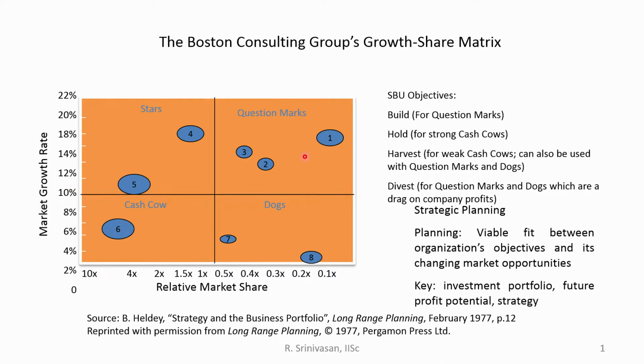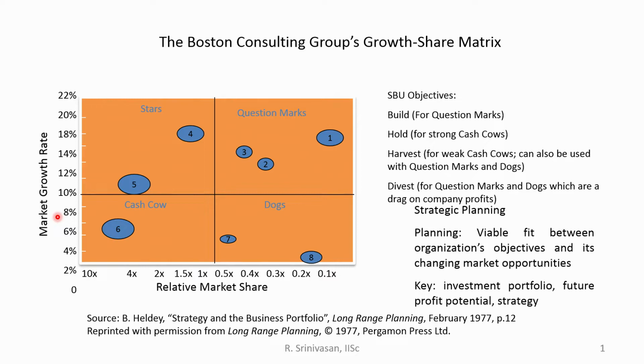The first compartment is called question marks, the second compartment is stars, the third compartment is cash cows, the fourth is dogs. Any market which has a growth rate of 10% and above is considered to be good in any context. So, it fits in the Indian context also.